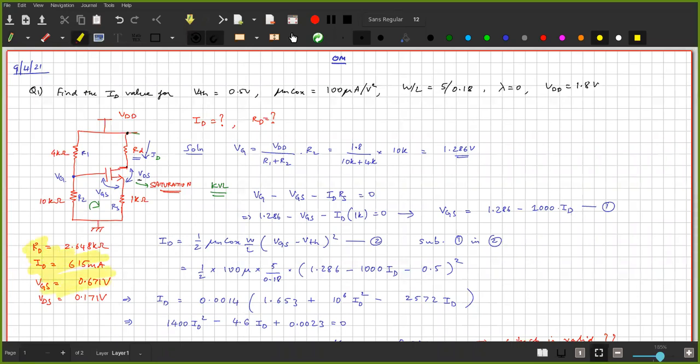So these are the values which you get. Final answers. Right. Any queries in here?